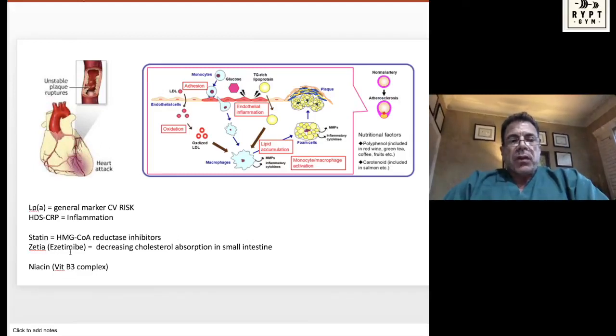Zetia is another one that decreases cholesterol absorption in the small intestine. Zetia and statin used together can be used in lower doses to mitigate side effects, and they're much more effective in lowering LDL cholesterol, the bad cholesterol, and raising HDL cholesterol, which is a good cholesterol. Niacin has been around forever.